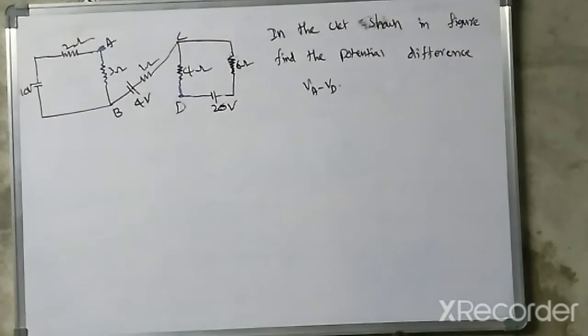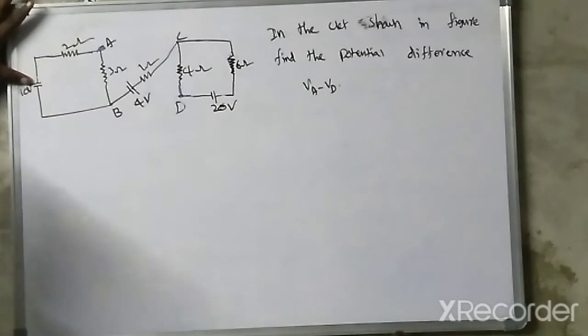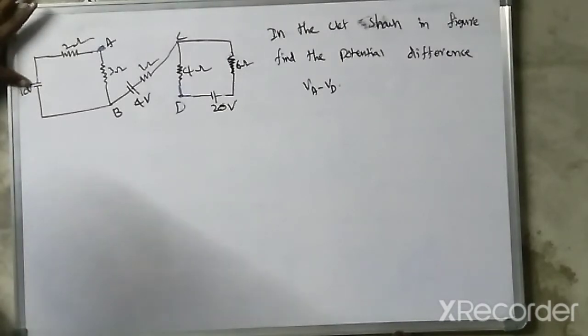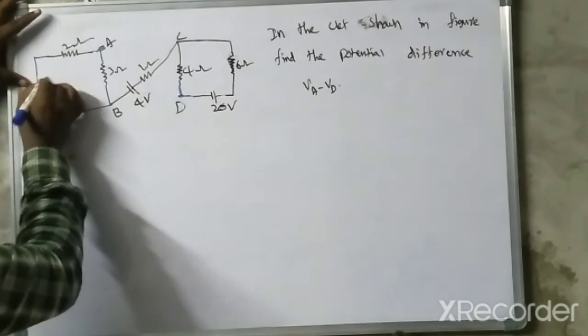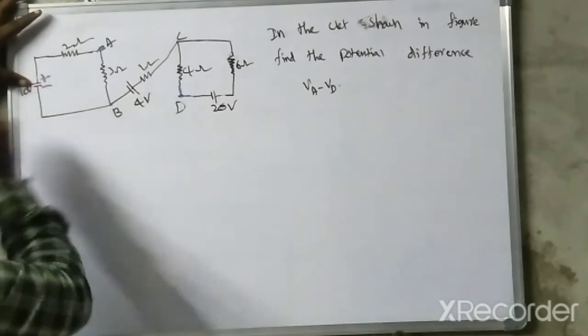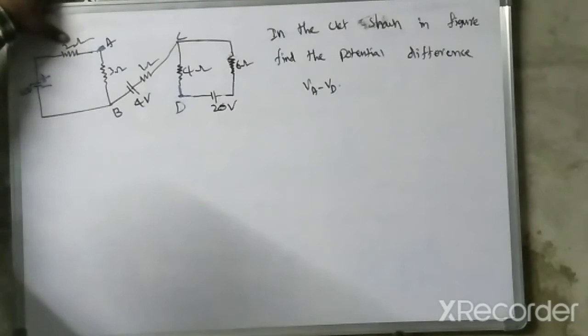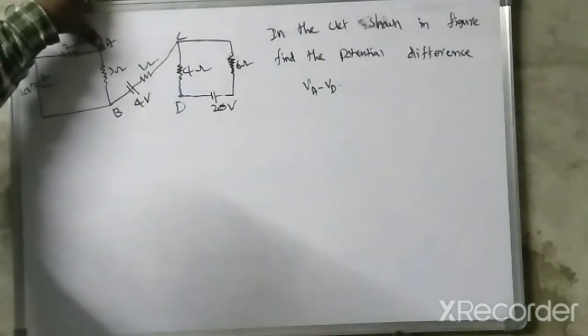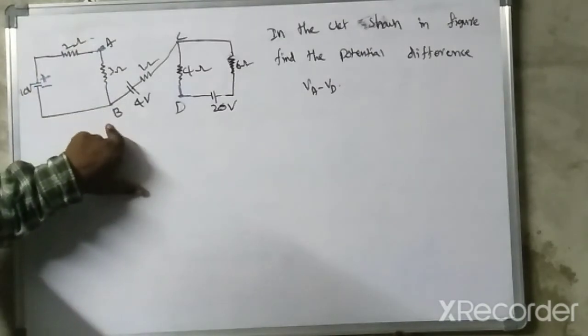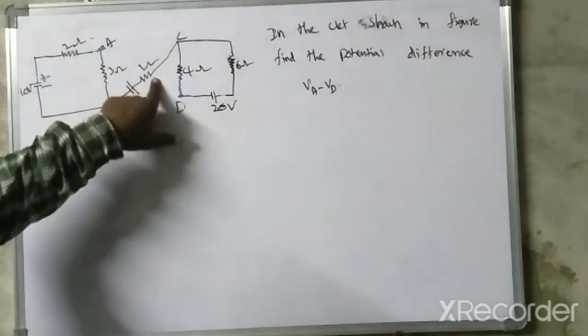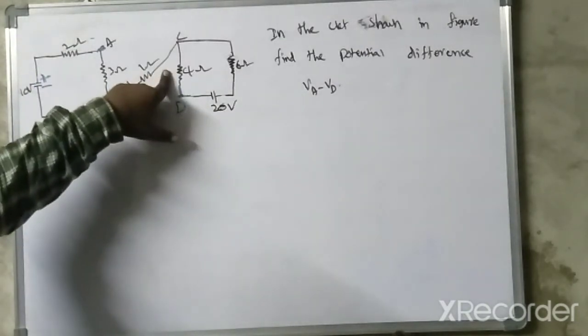Here another important model: here the 10 ohm, here the 10 volt battery, here the positive and here the negative. Here the 2 ohm resistor, here potential point A, here 3 ohm resistor, potential point B, 4 volt, 1 ohm resistor, 4 ohm resistor.